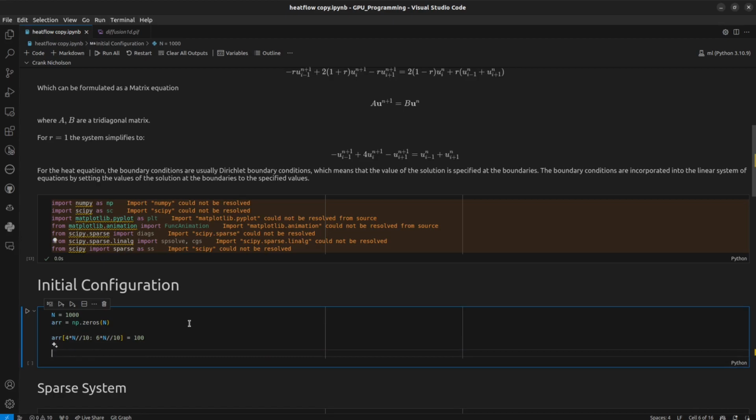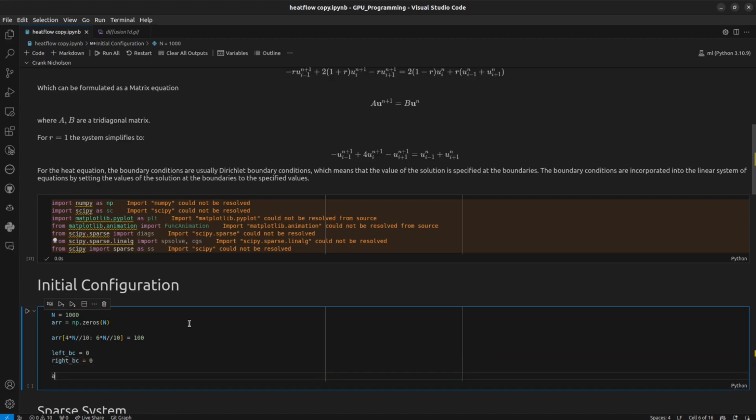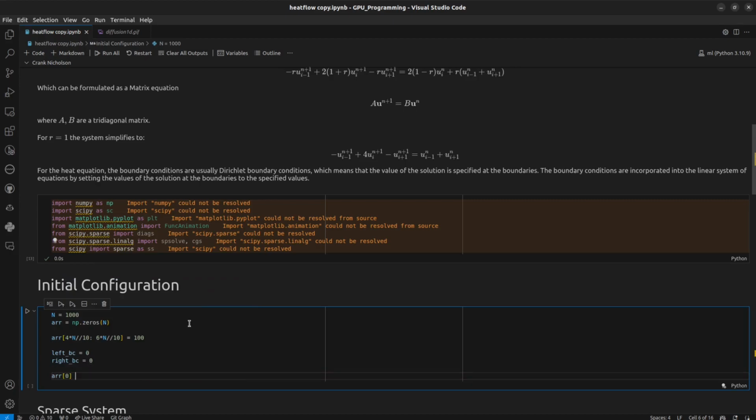Then we have to use boundary conditions for sure. I'm just going to use the simple boundary conditions to make it 0 at the boundary, but we could also easily use arbitrary values. But for now we're going to use 0. And we have to apply these to our computational grid.